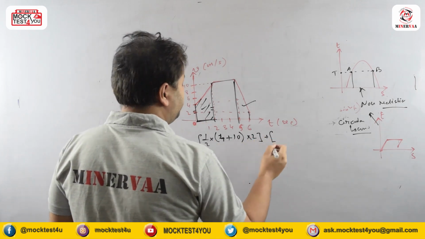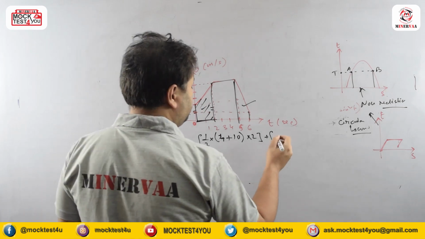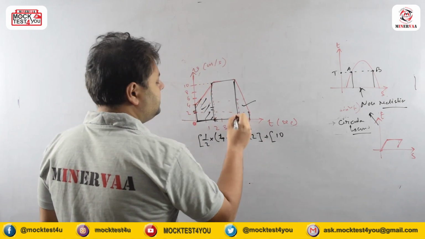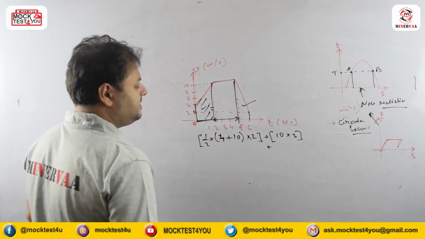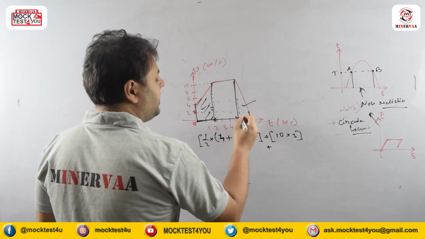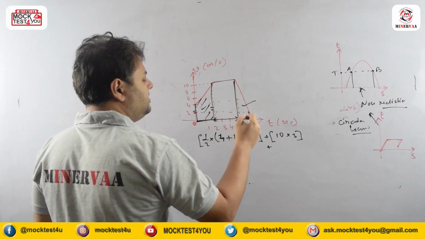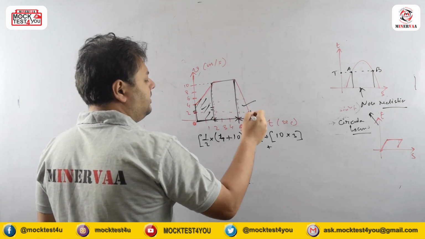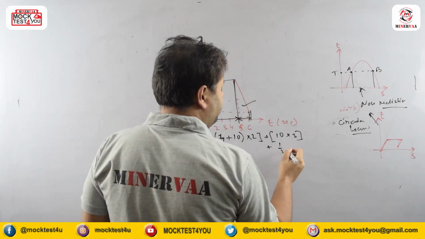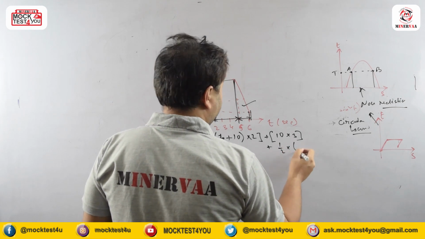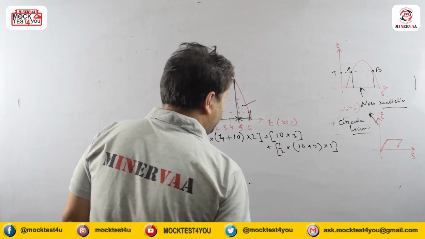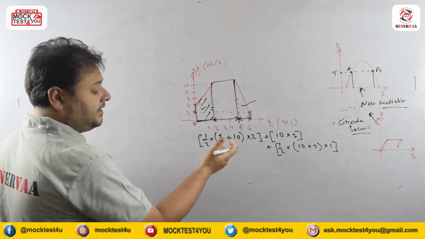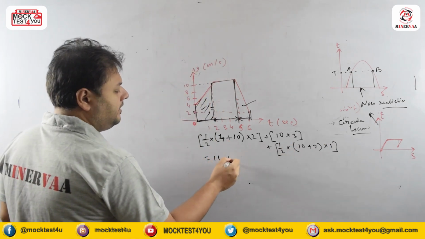Then the rectangle: length into breadth, length is 10 into the time interval 5 minus 2, which is 3. So 10 into 3, plus the other trapezium. It is 1 second, and this is the height, and this is 10 and this is 2. So it is half into 10 plus 2 into 1. So finally how much are we getting? 14, that is 7 into 2 is 14.